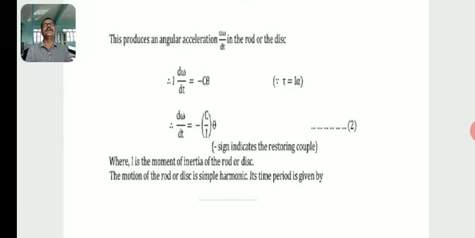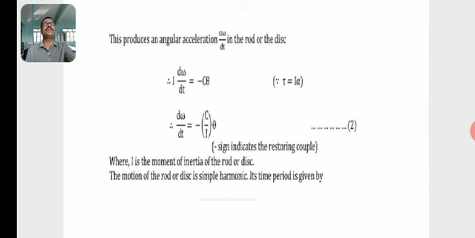Then the rate of change of angular velocity is equal to minus C by I into theta, where the negative sign indicates the restoring couple, and I is the moment of inertia of the rod or disc.